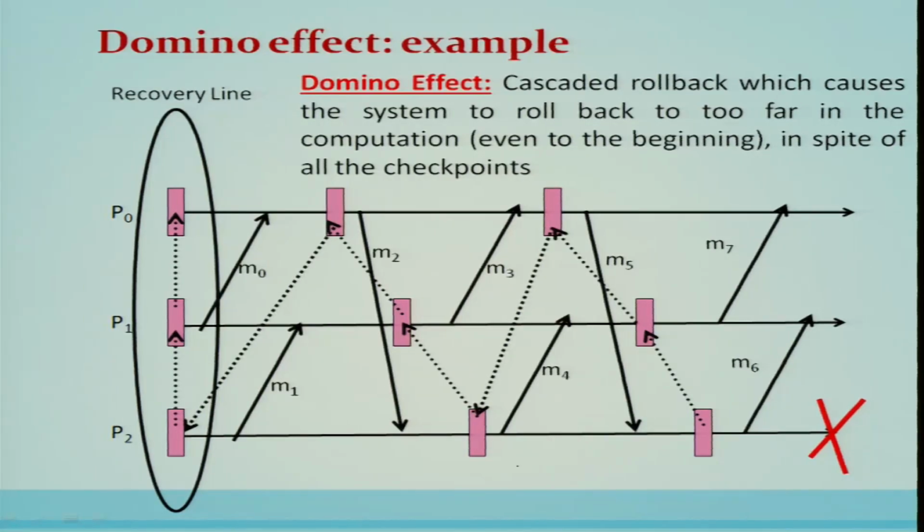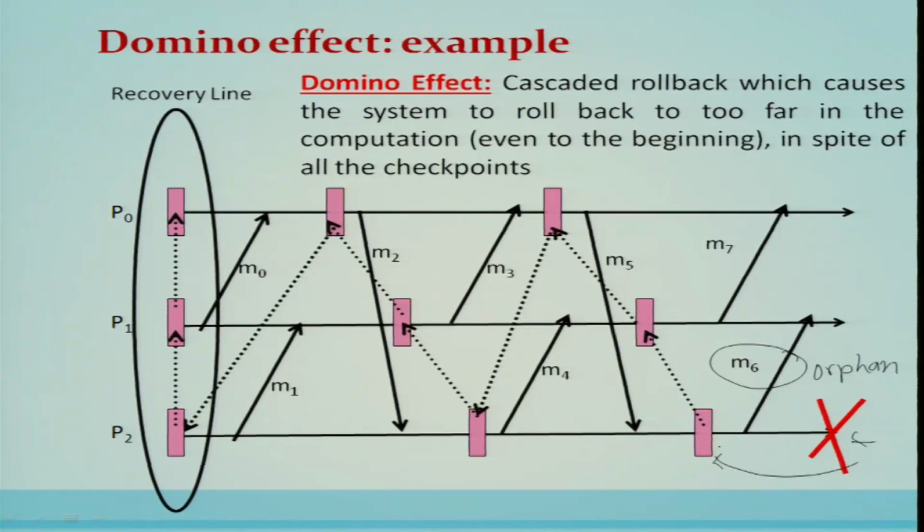Here you can see that if the process P2 fails at this point, then it has to roll back to the previous checkpoint, and this previous checkpoint will trigger more rollbacks. Why? Because this message M6 will become an orphan message.